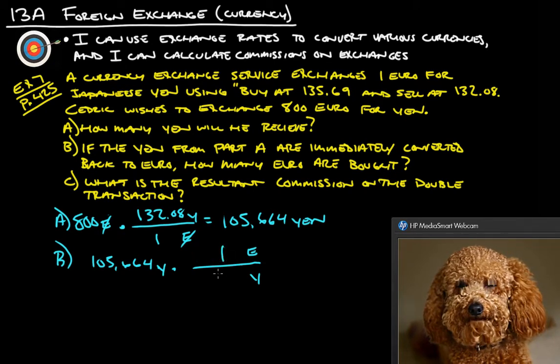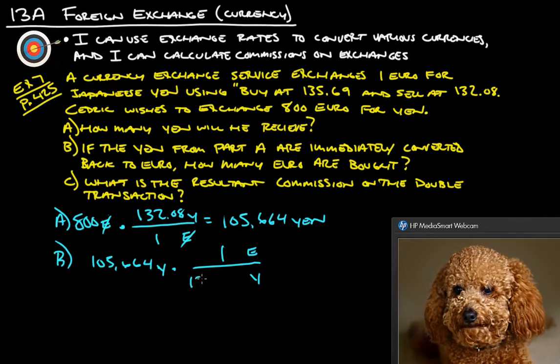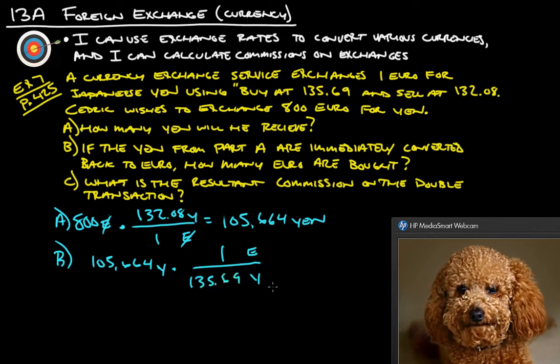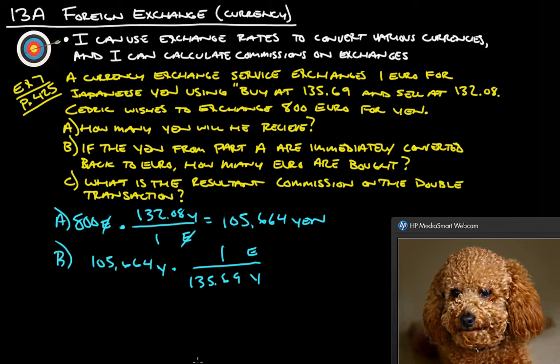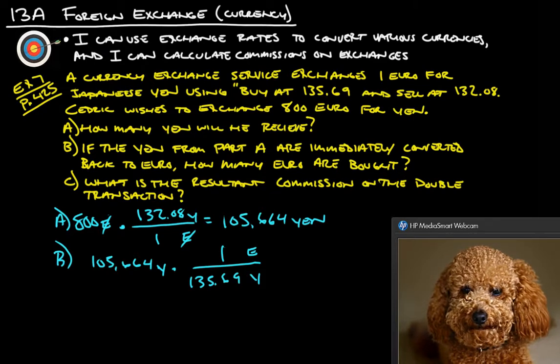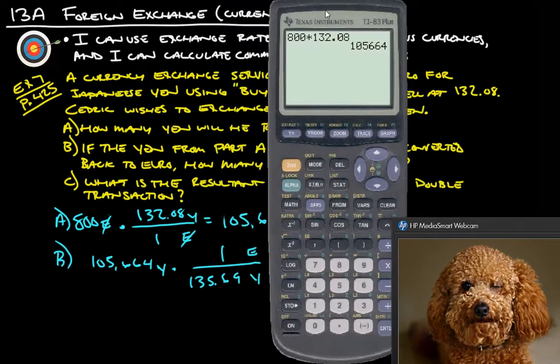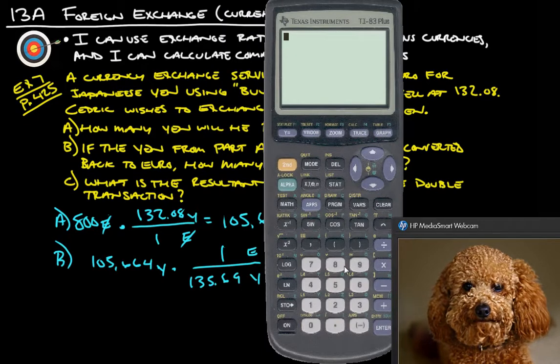So 1 euro is going to equal 135.69 yen. All right. So we bust our calculator back out here, and we take 105,664. Oops.